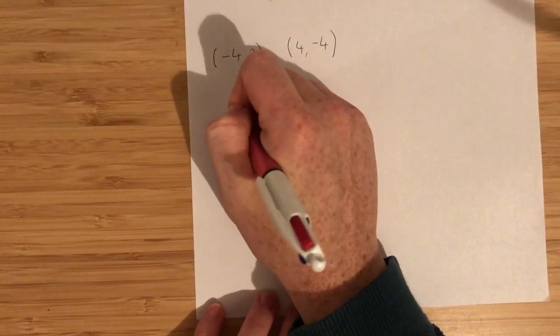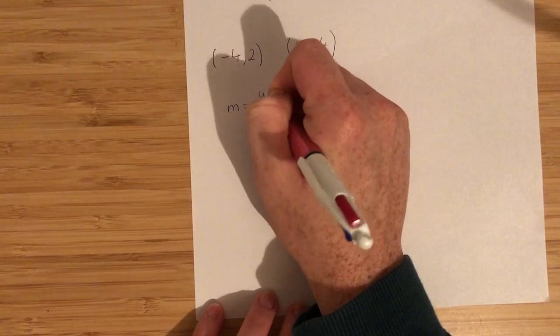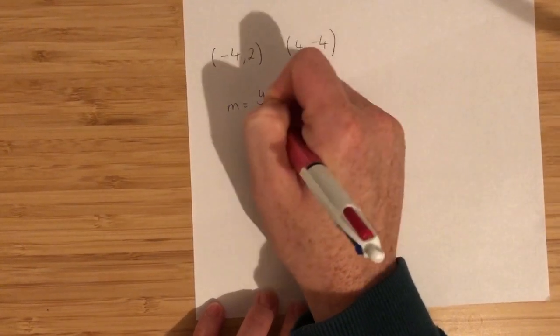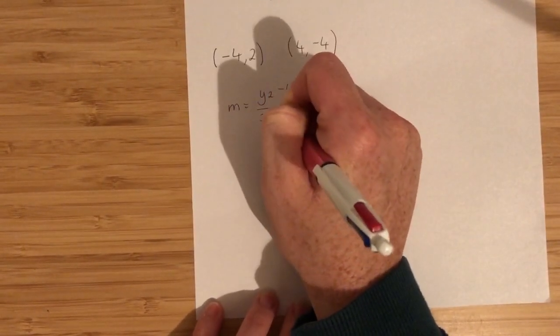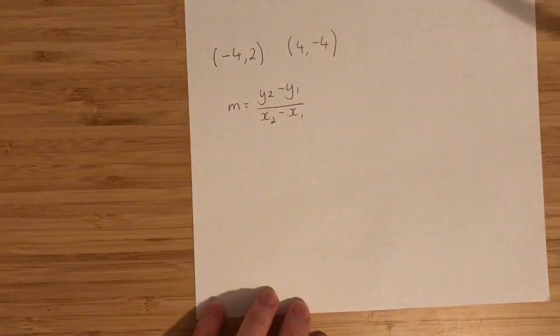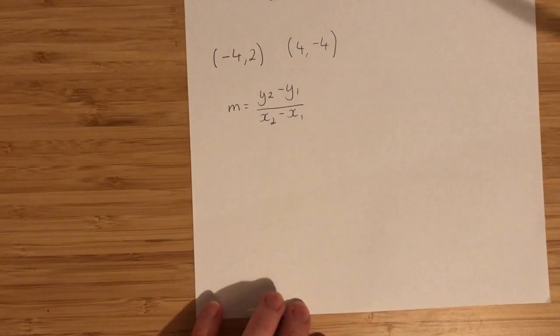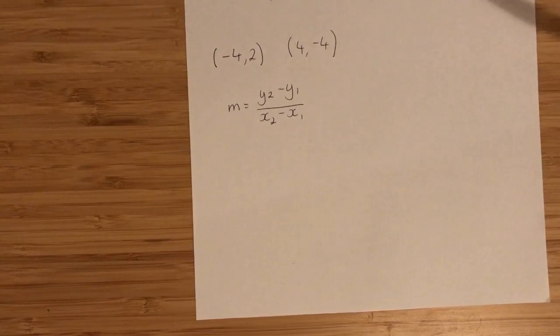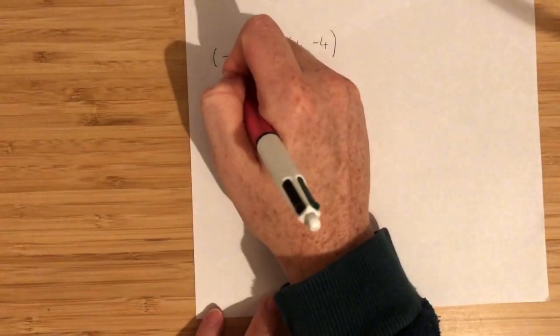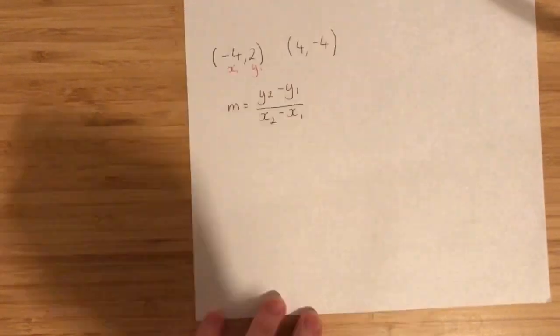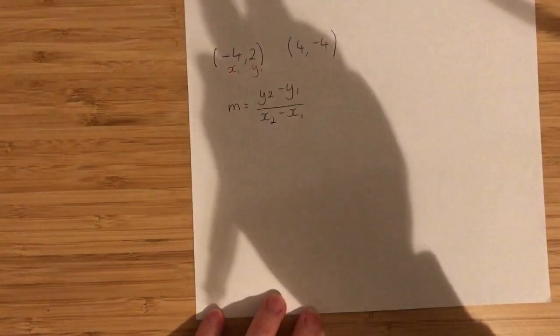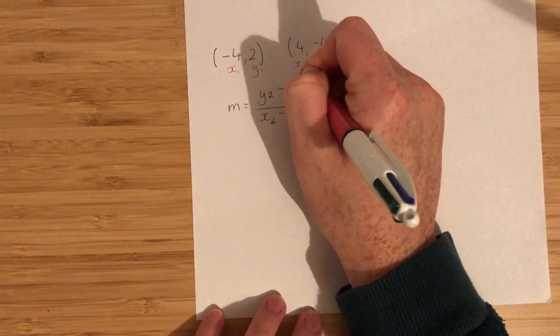So the equation for the gradient, m equals y2 minus y1 over x2 minus x1. So to be able to substitute into that equation, we actually need to label the points. So for point number 1, we've got x1, y1. And for point number 2, x2, y2.